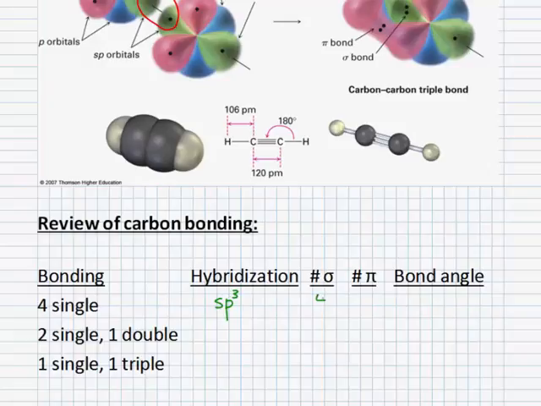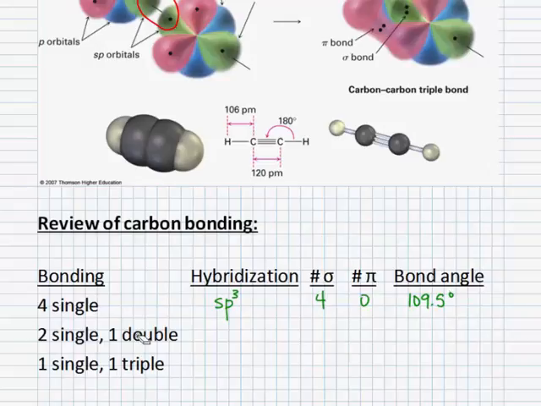And that'll be all sigma bonds. The carbon will be bonding to something like hydrogen out of all 4 tetrahedral directions. So 4 sigma bonds, no pi bonds. And the bond angle will just be the tetrahedral bond angle, 109.5 degrees.